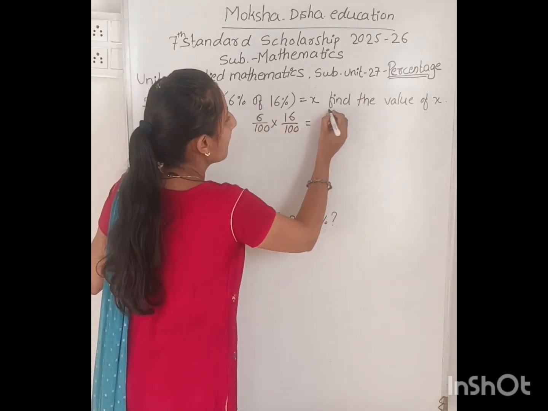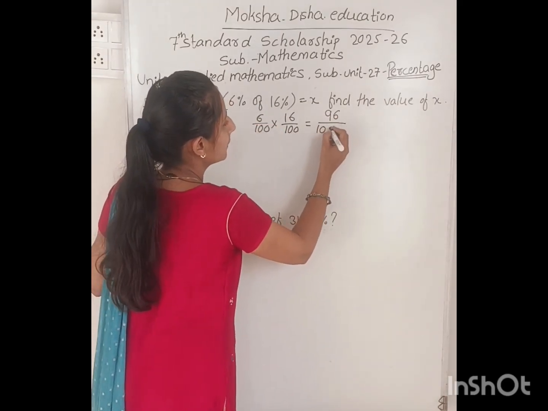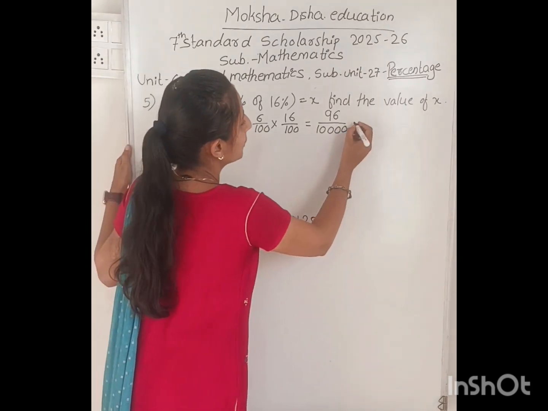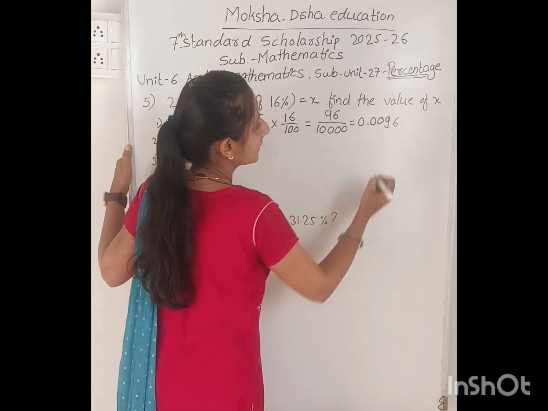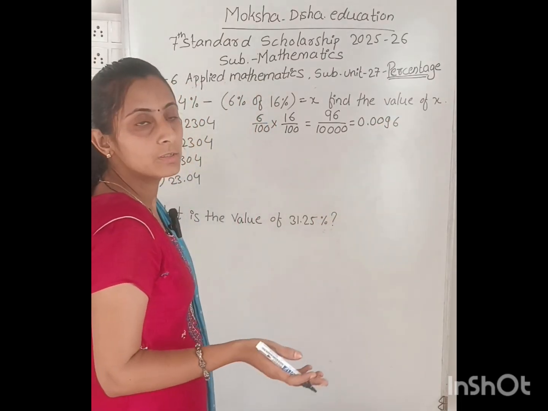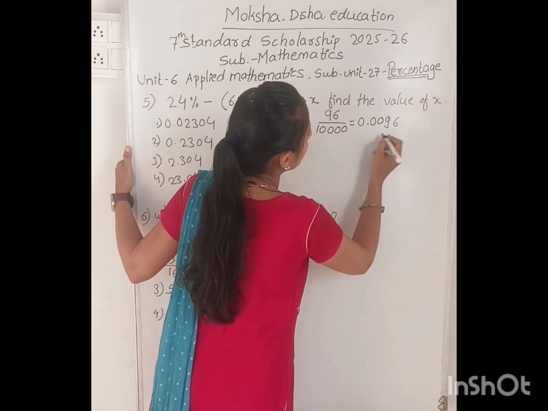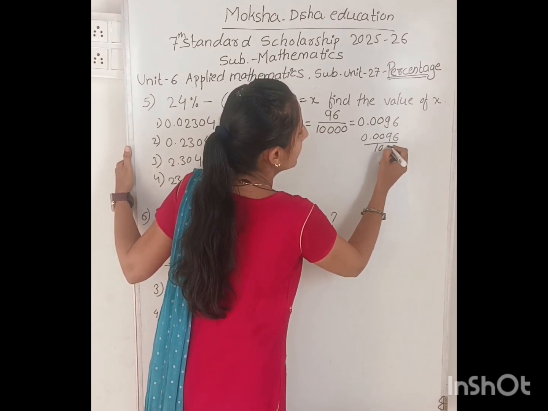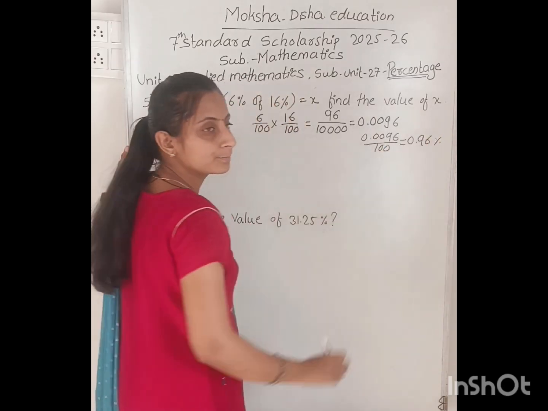16 6s are 96. 100 into 100 is 10,000. Now 96 upon 10,000 is 0.0096. To convert this into percentage, we multiply this by 100, means 0.96%.